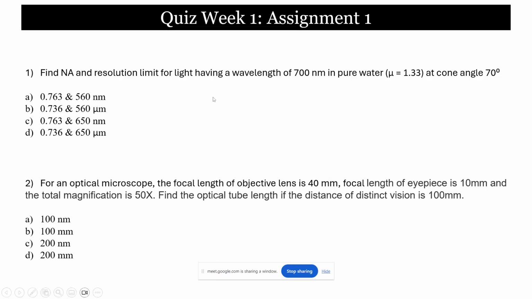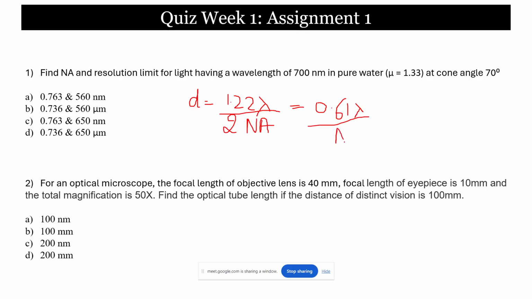The resolution limit d is also given by 1.22 lambda by 2 NA, or in some places it's written simply as 0.61 lambda divided by numerical aperture.